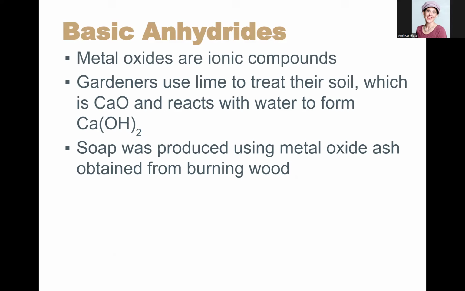Soap was produced using metal oxide, ash, obtained from burning wood. Back in the day when people made their own soap, they'd take the ashes from the fireplace and mix that with lard to make their soaps.